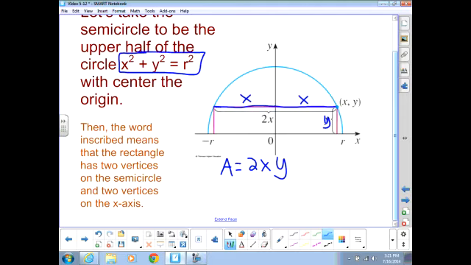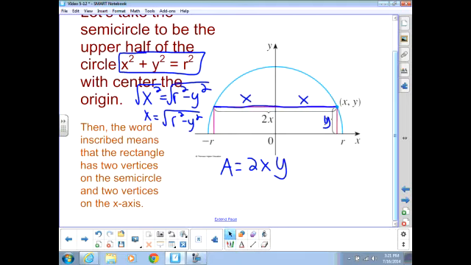And what we'll do is we'll get one of our variables by itself in our semicircle equation. Let's maybe get x by itself, so we'll subtract the y squared over. We'll have x squared equals r squared minus y squared. And we'll take the square root of both sides to get that x is equal to square root of r squared minus y squared.